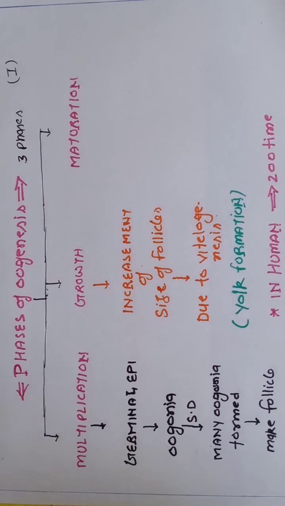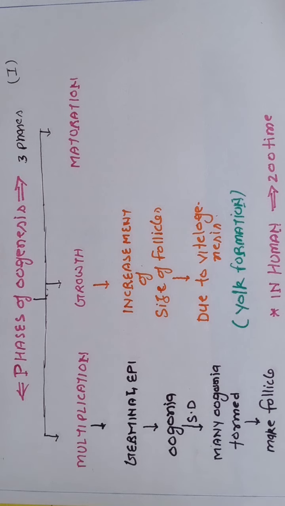This is known as a primary follicle, and their number is large. As I told you before, at the end of the first month, if we count the follicles, they are 1700. In the second month, their number is approximately 6 lakh.